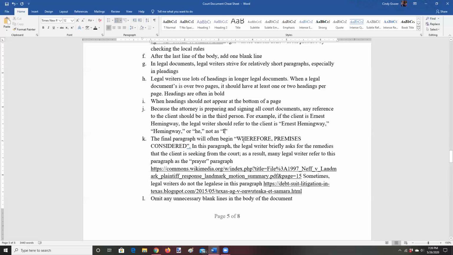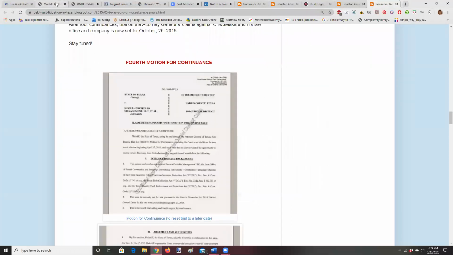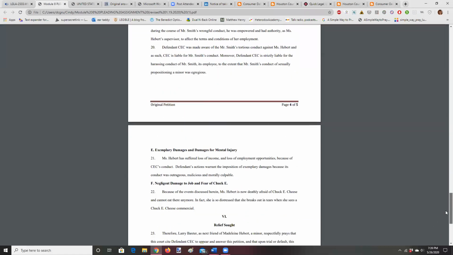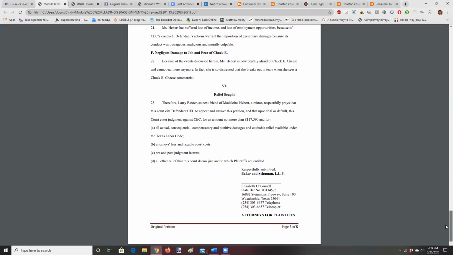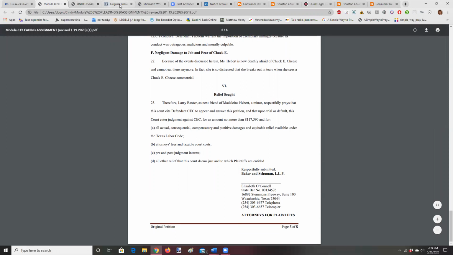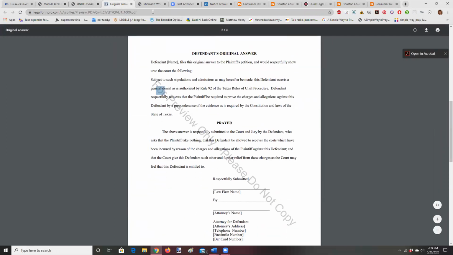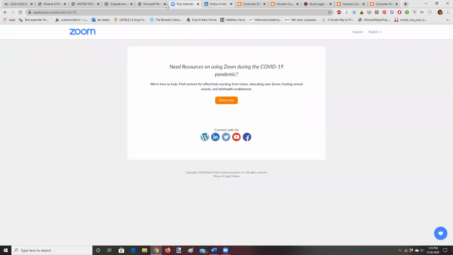Okay, so the final paragraph oftentimes has "wherefore, premises considered." Sometimes people will put these in commas, sometimes people won't. Let me see if I have any examples like that. This one does not end that way. Let's see if our model here does. No, it doesn't end that way.